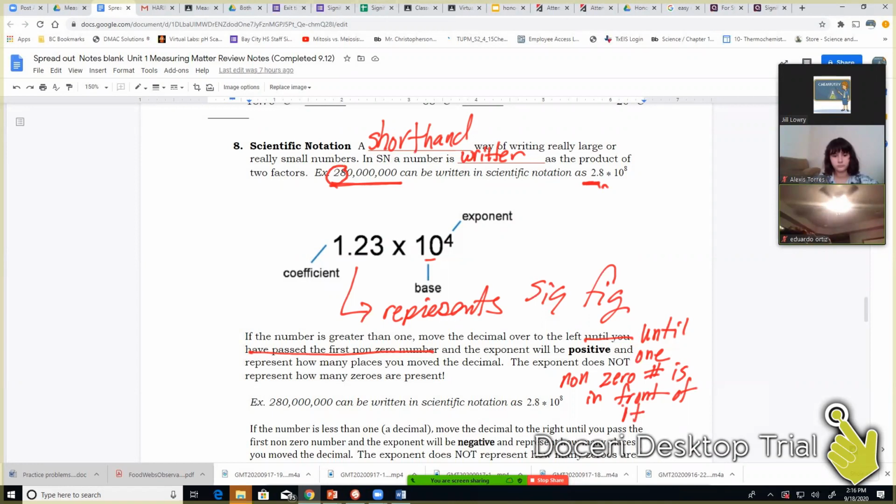And then you're going to count how many places you moved your decimal, and that will be your exponent, and it will be positive. So if it's a really large number, it's going to be a positive exponent. The larger that positive exponent is, the larger the number is. It is not just how many zeros that number has. Sometimes that works, but sometimes it does not.